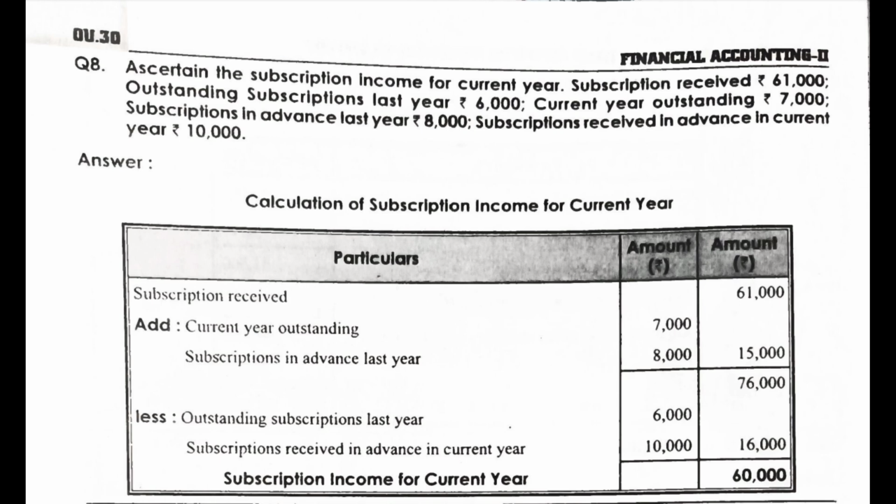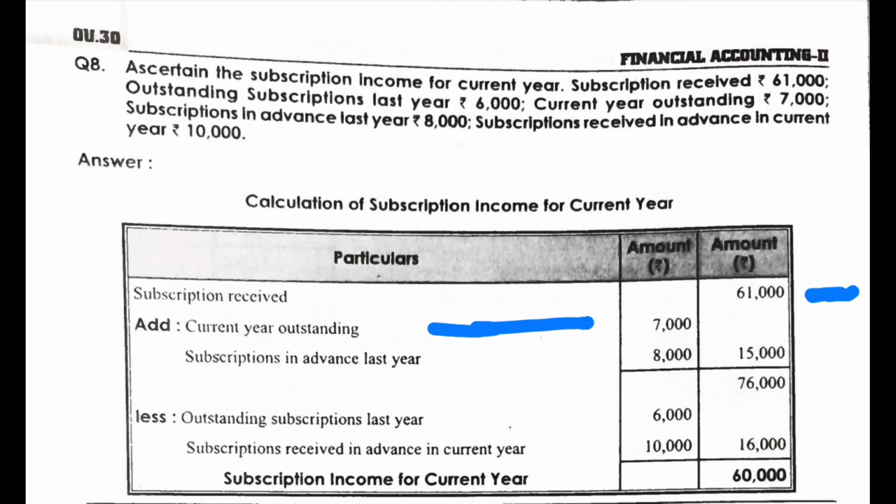So now we have to start the problem with the actual subscription receipt. So subscription receipt is how much? 61,000. Now current year outstanding we have to add, and subscription in advance last year. Subscription in advance last year means it is related to the current year only.